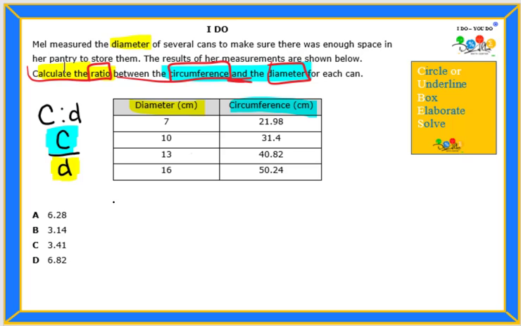So for my first circle, I have 21.98 over 7. For my second circle, I have 31.4, the circumference, divided by 10.